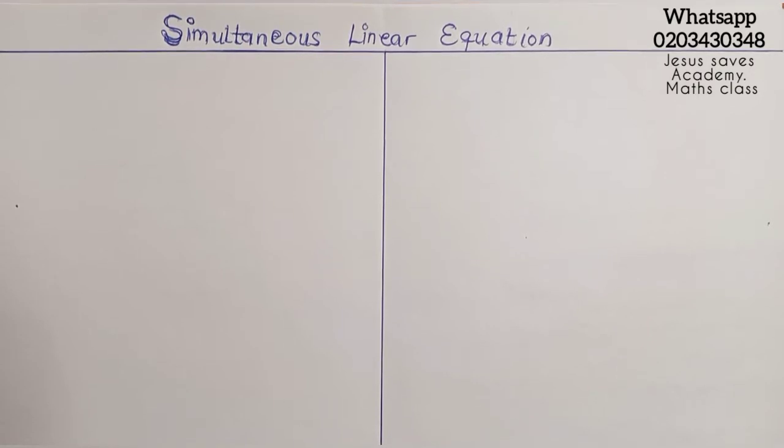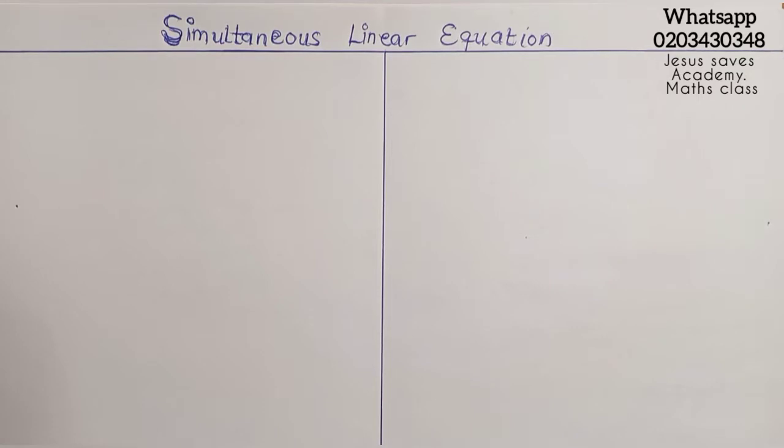We have another form, which is the matrix form. You can also use matrices to solve simultaneous linear equations. Today's topic is solely going to be based on how to use the substitution method.